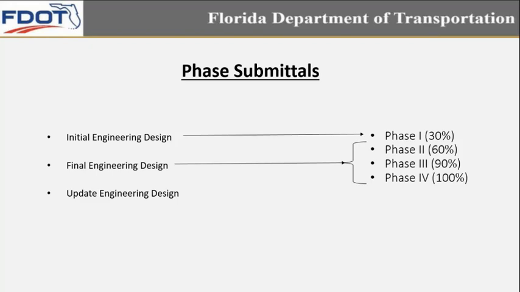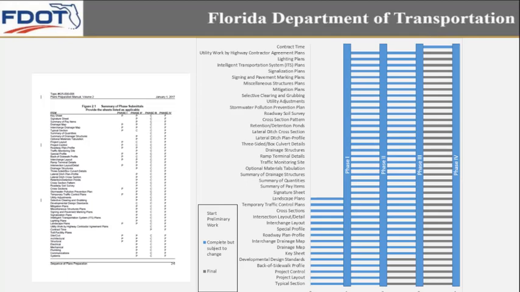What we usually hear is phase submittals: phase 1, phase 2, phase 3, phase 4. You can see that initial engineering design essentially encompasses the majority of your phase 1. Final engineering design is essentially your phase 2, 3, and 4. Obviously, there's a little bit of overlap. There's always a little bit of engineering design that continues into some of the other phases, but they essentially follow that alignment.